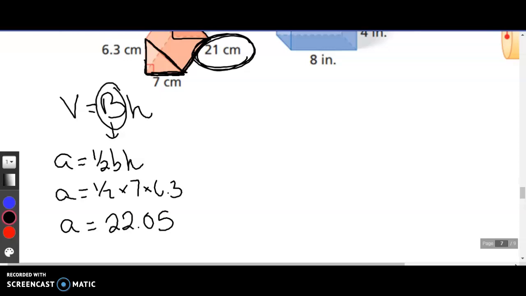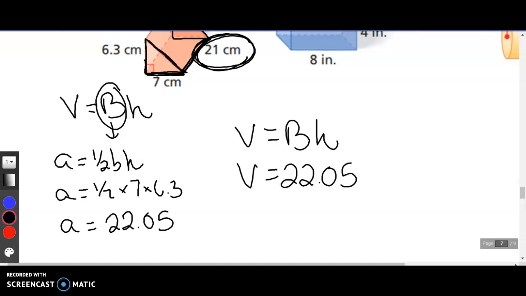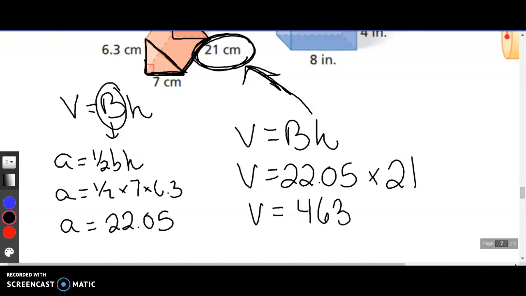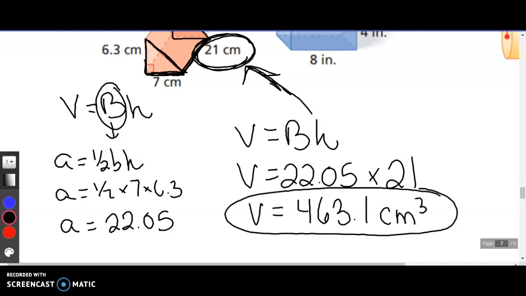So we're going to take that, V equals base times height. So we know 22.05 is the area of the base. And the height of my prism is 21. And we're going to multiply them, and we get that the volume equals 463.1 centimeters, and volume is always units cubed. Okay?